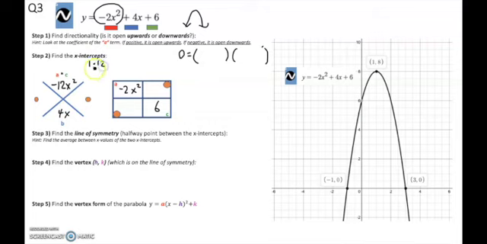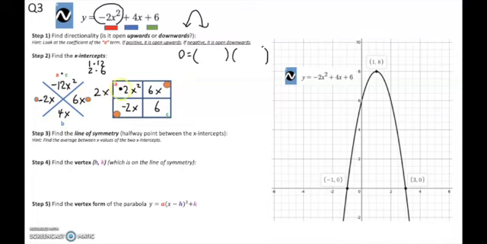Finding factors, 2 times 6, I believe that works. 2x and 6x. We know that one of these terms has to be negative, so I'm going to make this one negative. And we'll place negative 2x and 6x out here. The greatest common factor that goes into both negative 2x squared and 6x would be 2x.